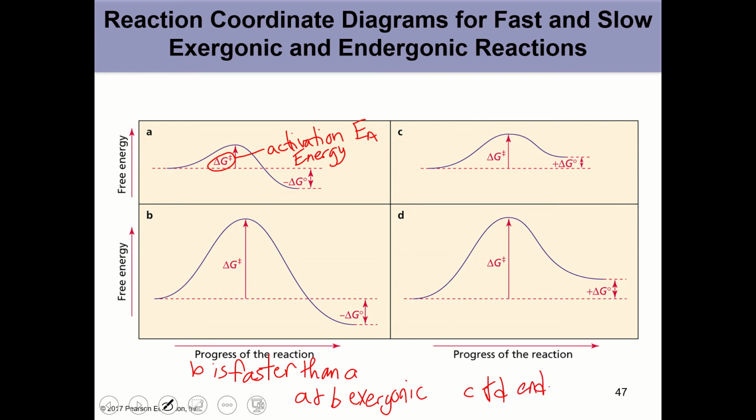And that has to do with whether delta G is greater than or less than 0. If delta G is a negative value, it's exergonic. If delta G is a positive value, then it's endergonic.